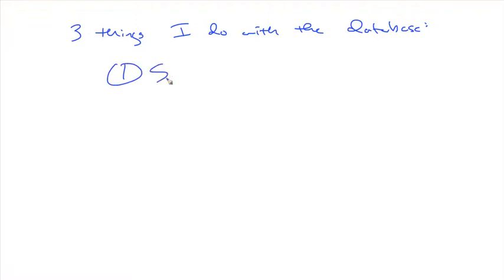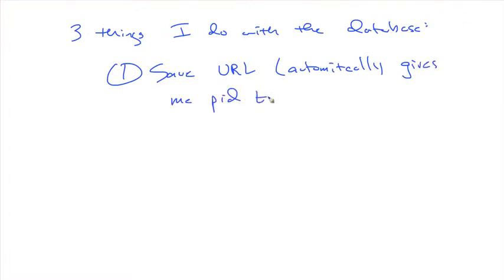First thing I do is I can save the URL, which automatically also gives me a primary key, which I'm calling the PID, the page ID. And so I do that when I first learn about a page. By learn about a page, I mean when I add it to the queue.